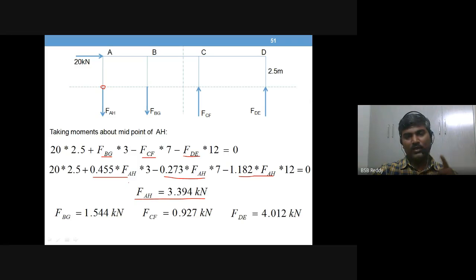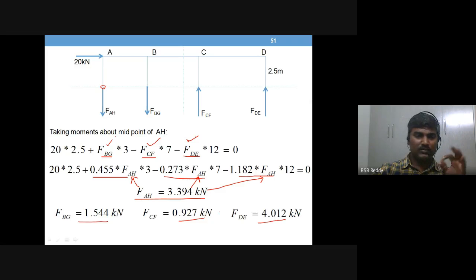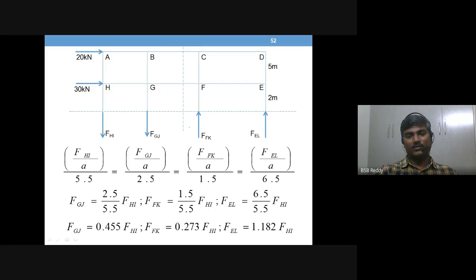Then substitute back the value you got into all these equations, which will give you the other three axial loads. Okay, so that's how we have completed the first story. Right, let's move to the second step.